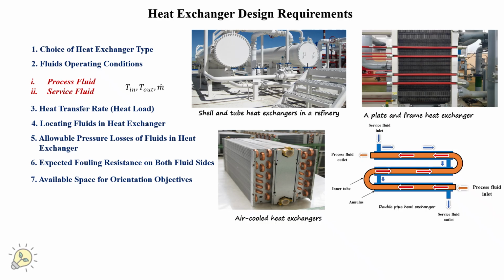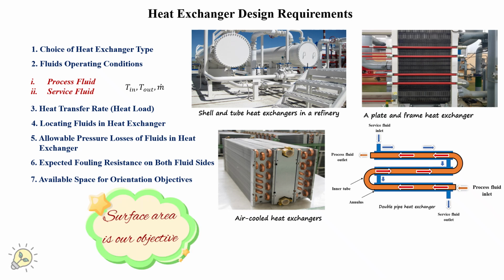And finally, the objective of our design is to find the surface area of the heat exchanger, which is reflected on the size of the heat exchanger, cost, and the economic feasibility of using that heat exchanger.